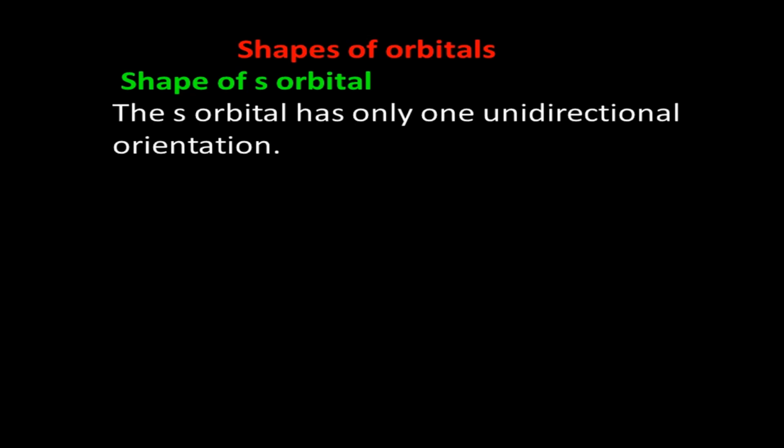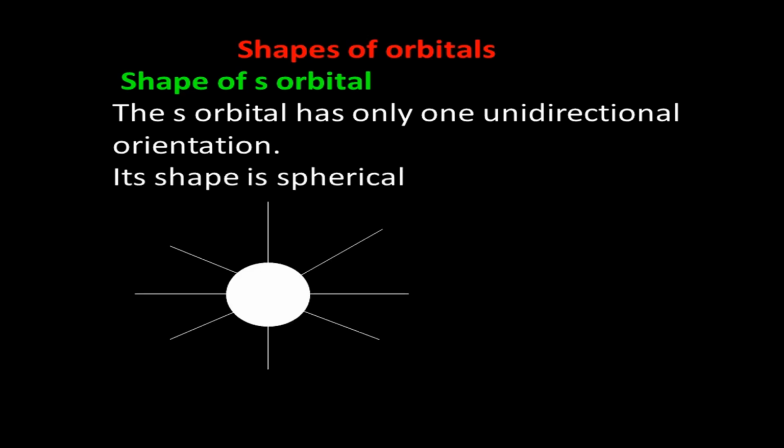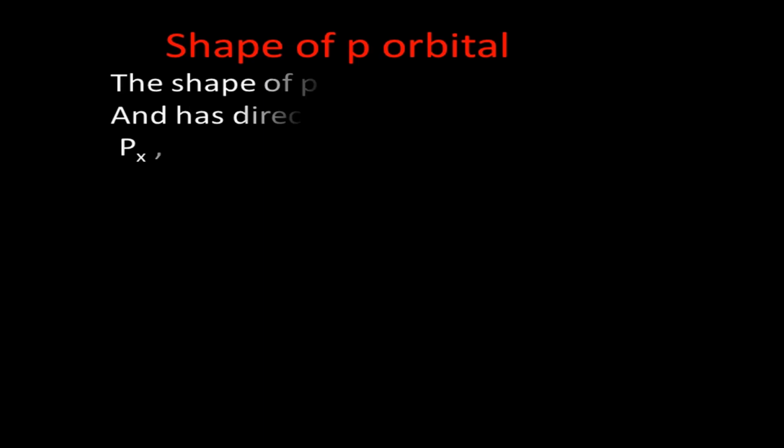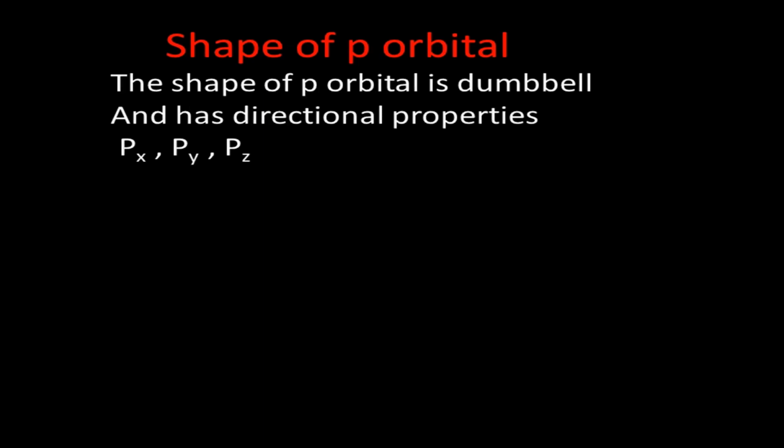Shapes of orbitals. The shape of the s orbital. The s orbital has only one orientation, and the shape is spherical. So this is the shape of the s orbital. The shape of the p orbital is dumbbell, and it has directional properties.